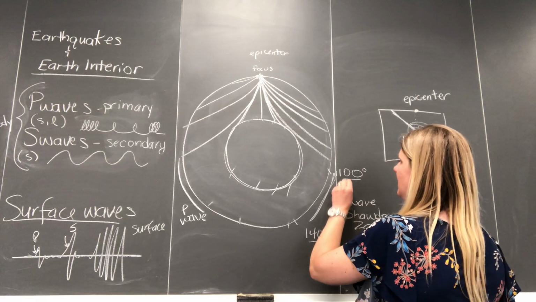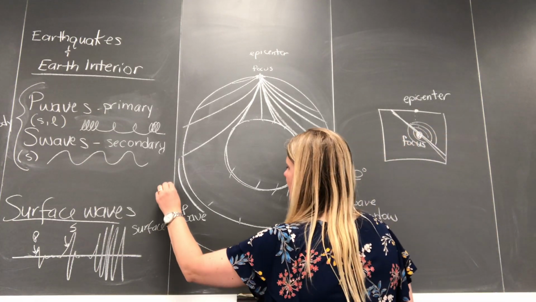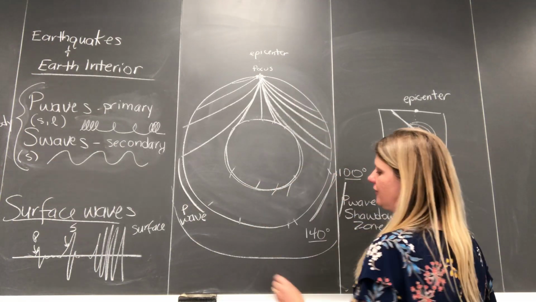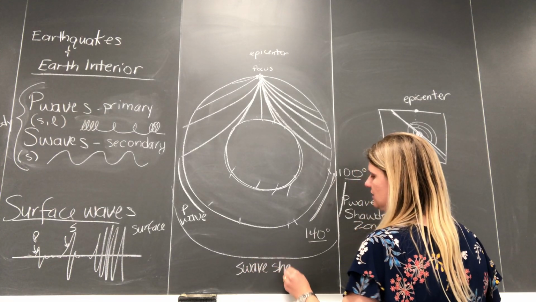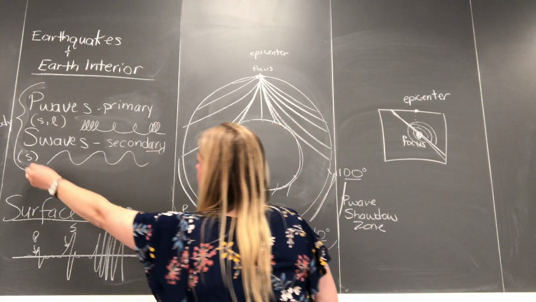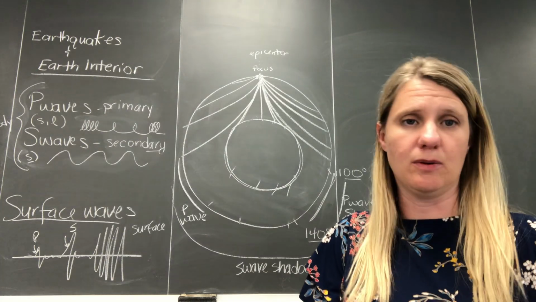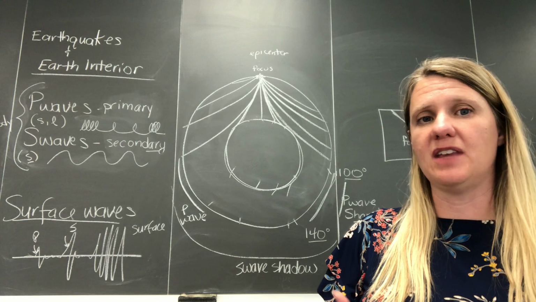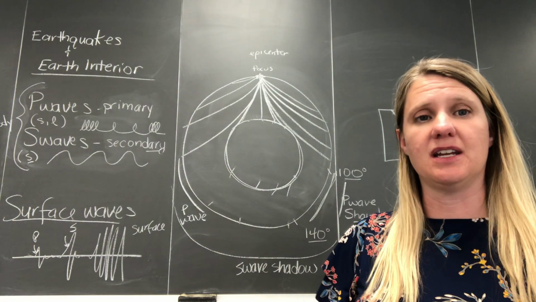So as a result, the S wave shadow zone is like a giant smiley face around the entire bottom of the planet, on the opposite side of the epicenter and the focus. The S wave shadow zone is gigantic, and that's because secondary waves cannot travel through the liquid outer core. And this is how we know we have a liquid outer core. We know the size of the liquid outer core because of where the S waves die out. So this is how we know what is inside the Earth: from studying earthquakes.